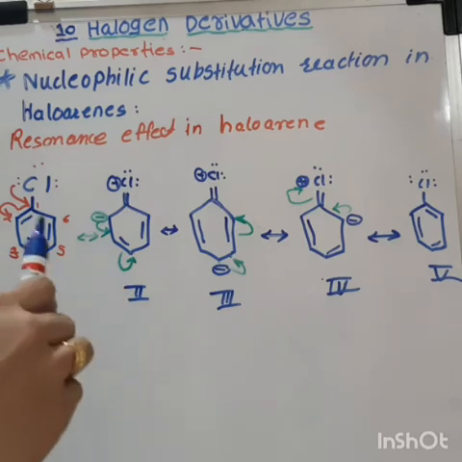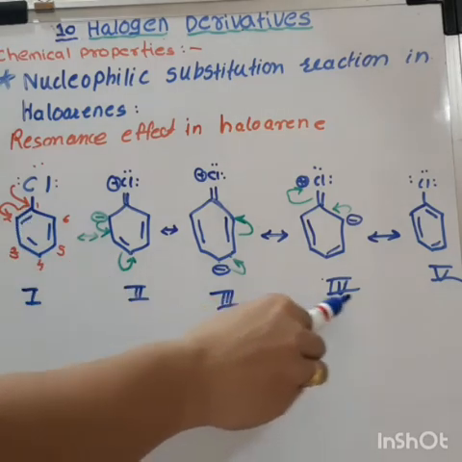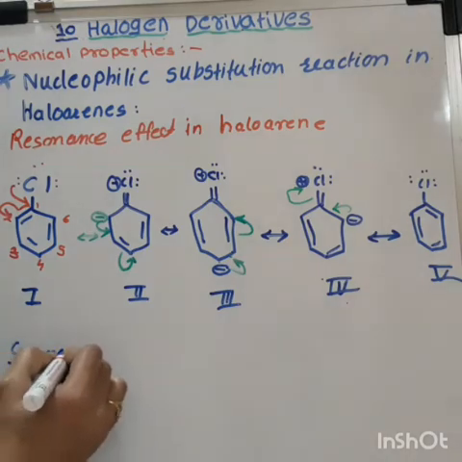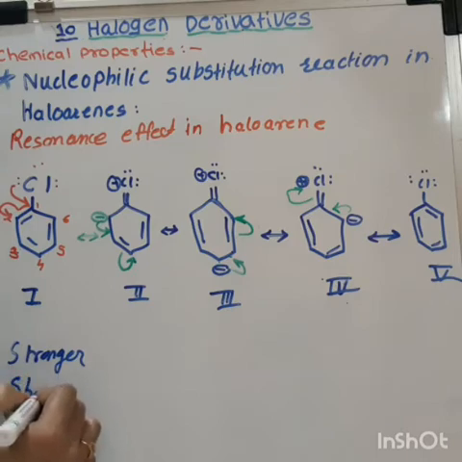In these structures, structure number 2, structure number 3 and structure number 4 show the double bond character between carbon and chlorine atom. So the carbon-chlorine bond is stronger and shorter in chlorobenzene than in chloroalkane.